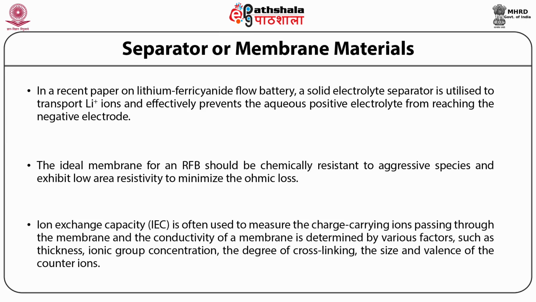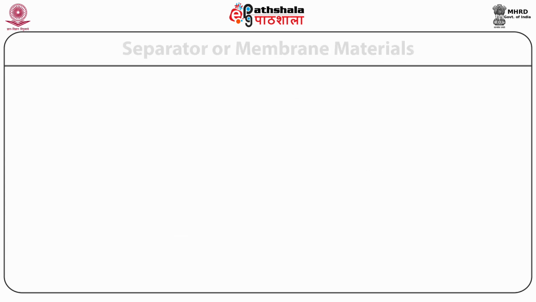Ion exchange capacity is often used to measure the charge carrying ions passing through the membrane, and the conductivity of the membrane is determined by various factors such as thickness, ionic group concentration, the degree of cross-linking, and the size and valence of the counter ions.